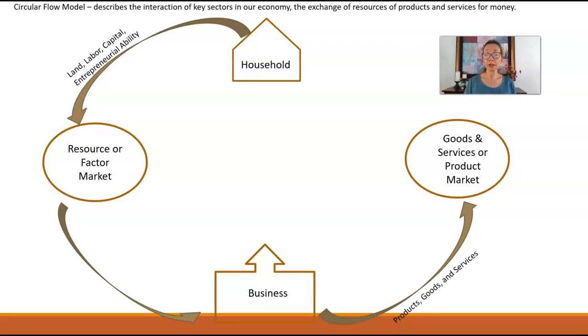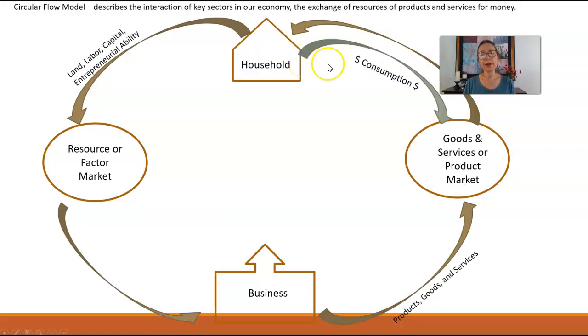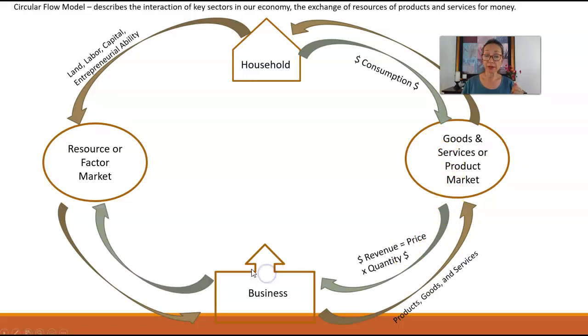And then where does it go? Well, the household sector buys it, and then they use it up. Question, how do they buy it? Where do they get the dollars to buy these goods and services? Well, they get those dollars from the business sector.